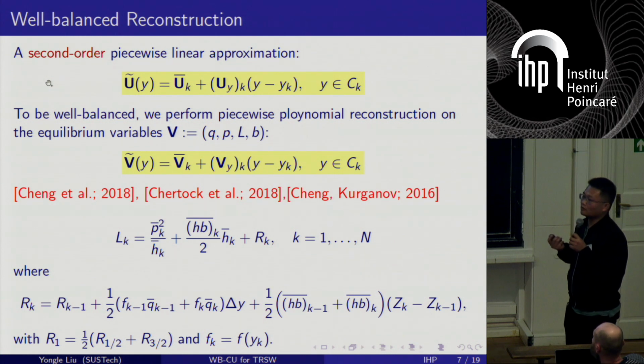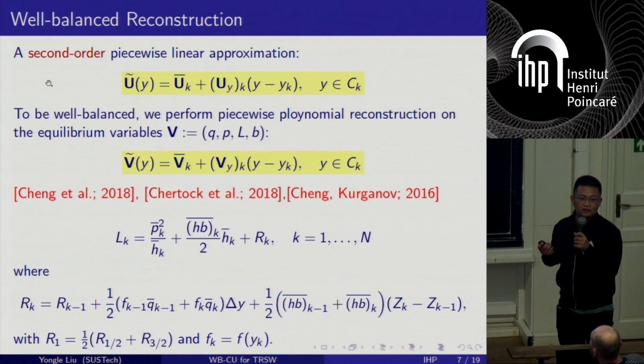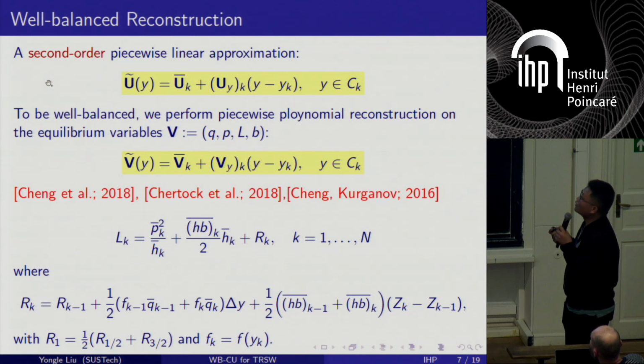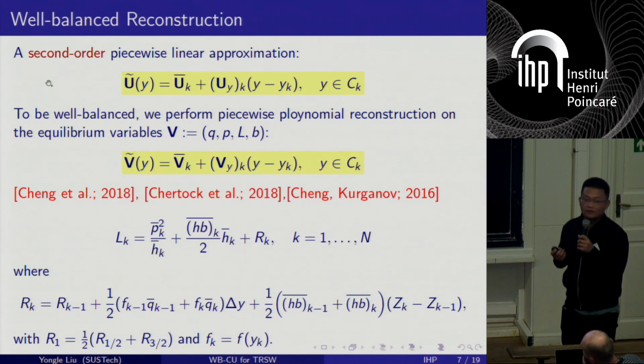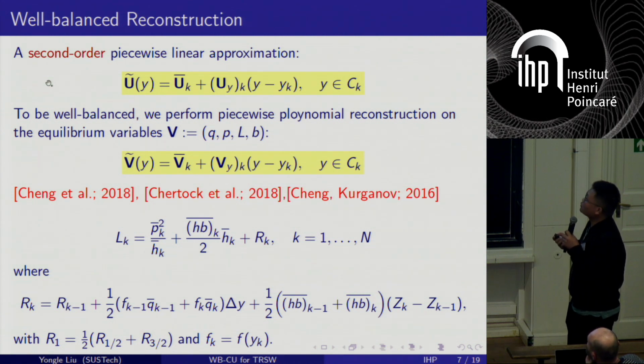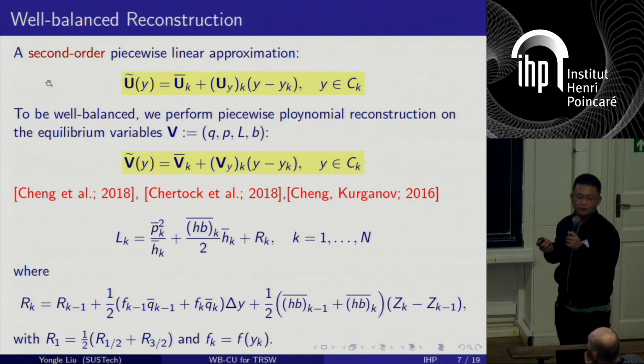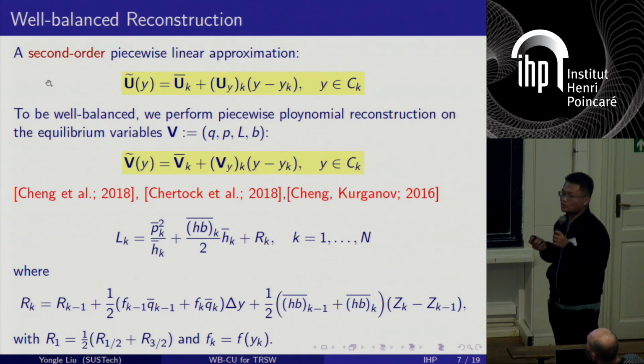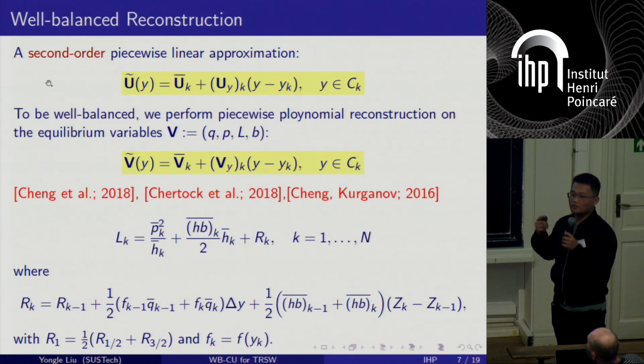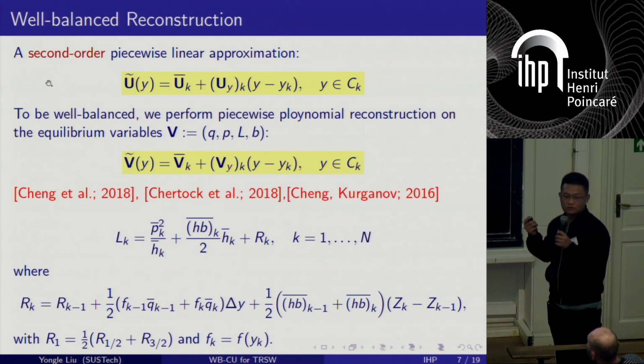So instead of reconstructing the conservative variables U, to be well balanced, we reconstruct the equilibrium variables V, and V has the same formula. V bar k is the cell average, and in this V we just have a new variable L, and from the definition of L, we can compute it in this way. Next we should compute the slopes V_y at the points k, and we can use any method, for example the left and right differences or the central differences.